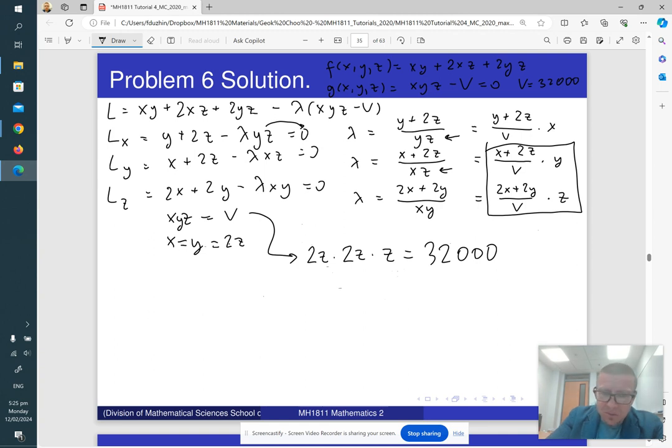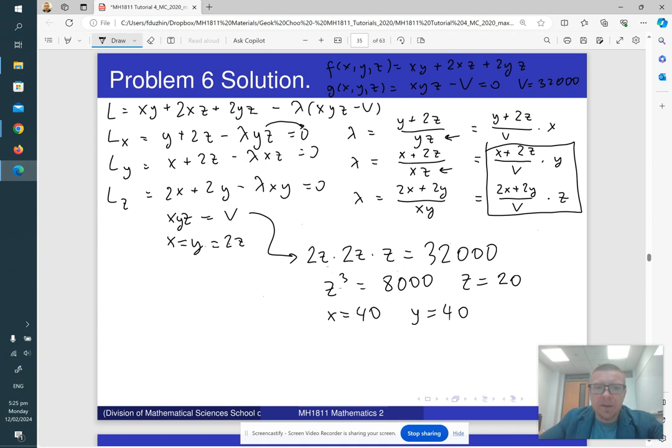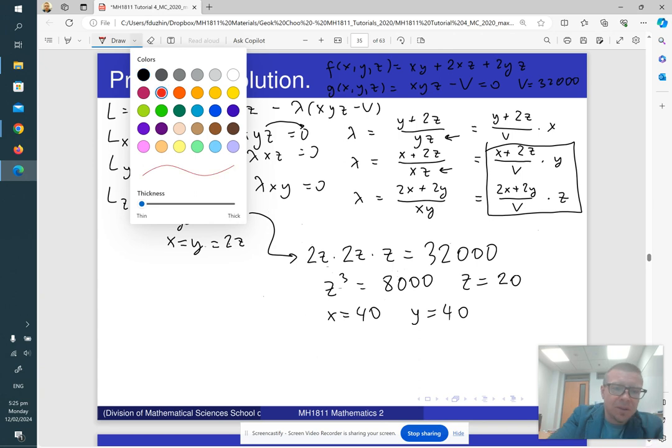All right, so now z cubed is 32,000 divided by 4, which is 8,000, so z is 20, x equals 40, and y equals 40. And that's the answer. So maybe let me write the answer.